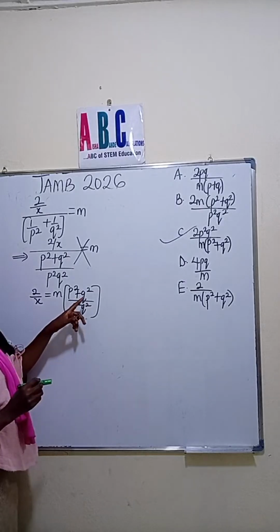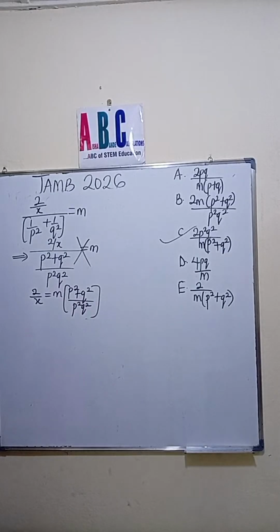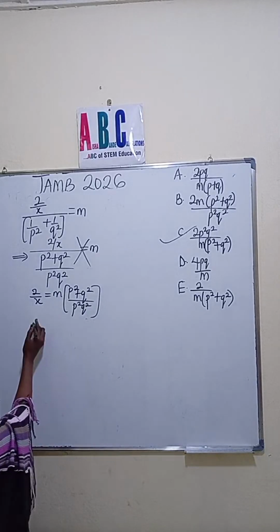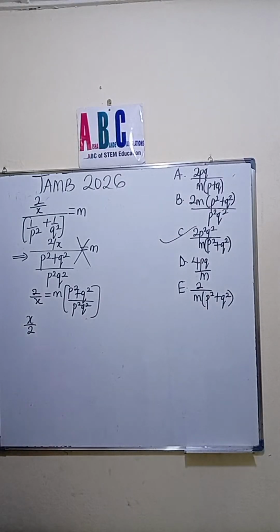P square plus q square over p square q square, right? Yes, sir. Okay. This becomes x over 2.